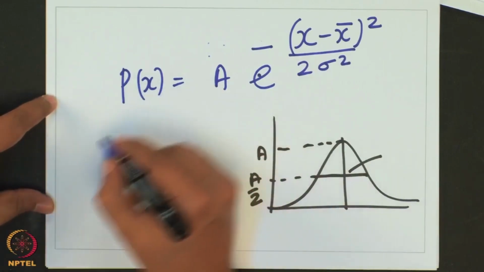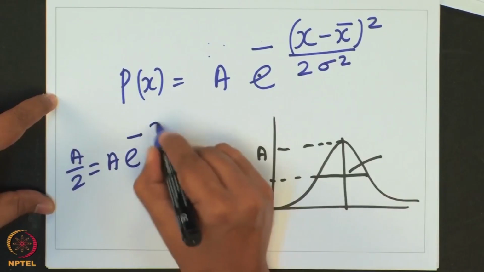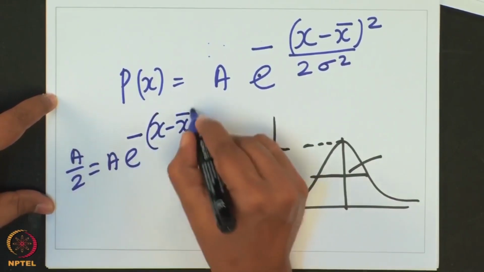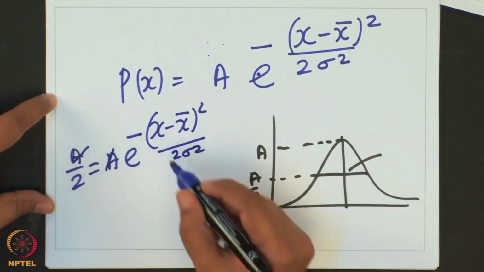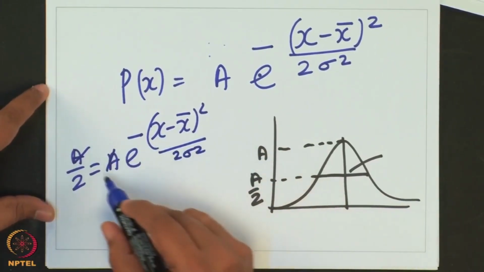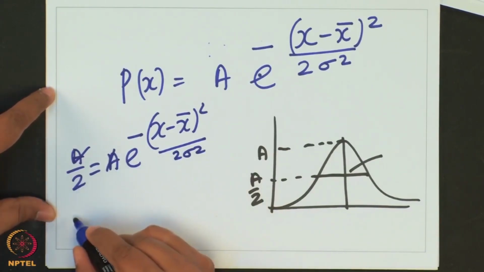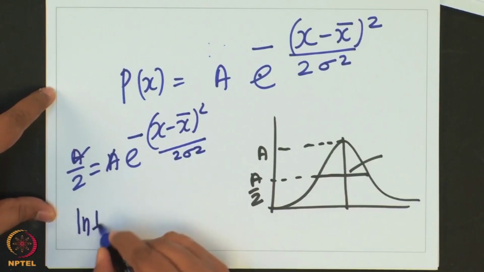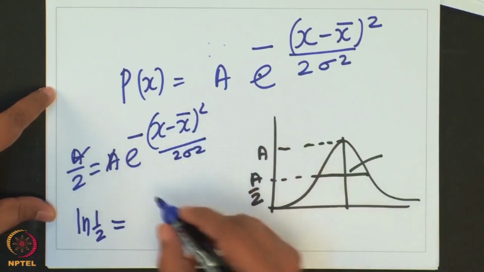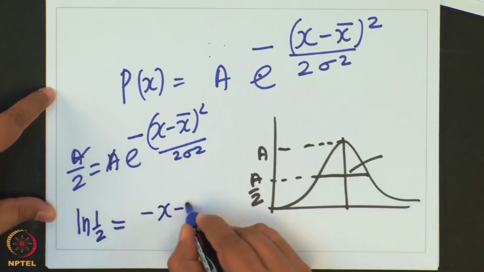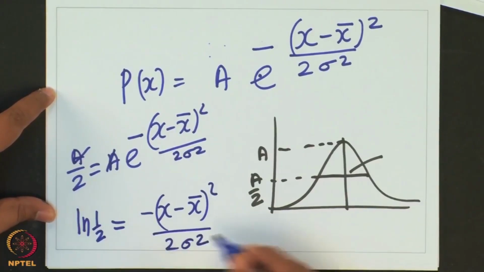So a by 2 is a e power minus (x minus x bar) whole square by 2 sigma square. So this a cancels. I can take log on both sides. So log of half on the left hand side will be log of e power minus (x minus x bar) whole square by 2 sigma square.